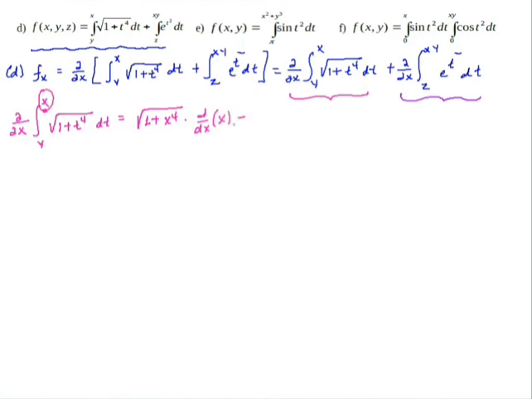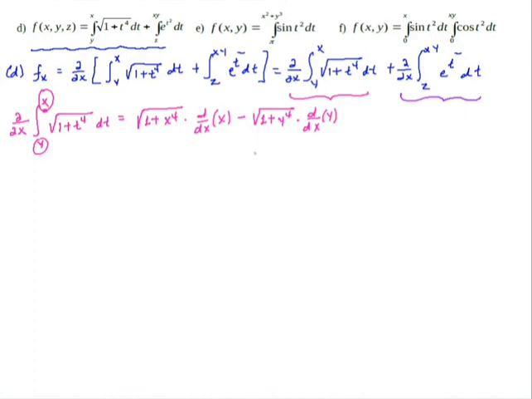now we substitute y for t in the radical 1 plus t to the power of 4, giving y to the power of 4, times d by dx of y.